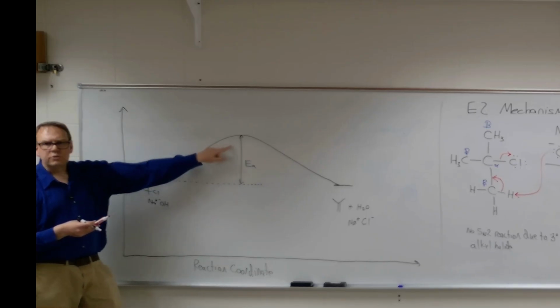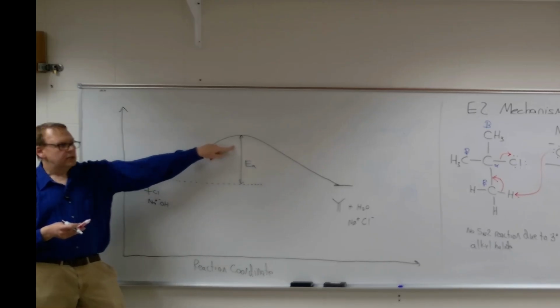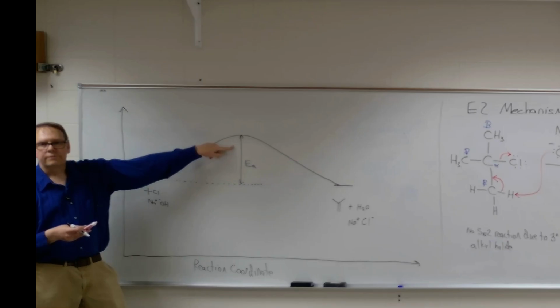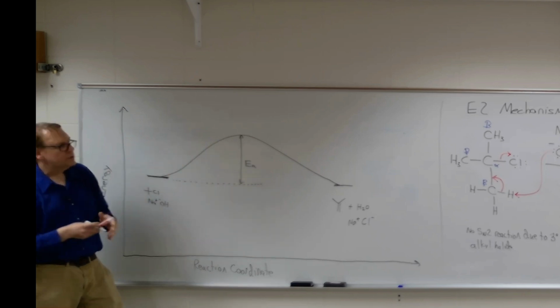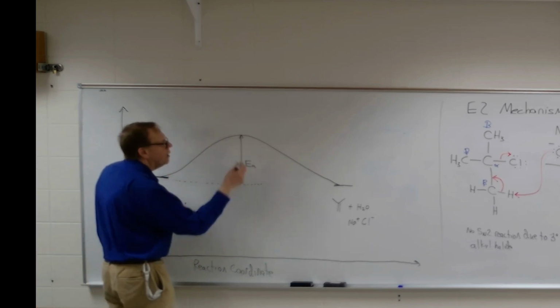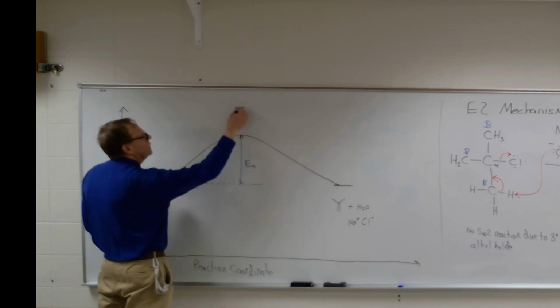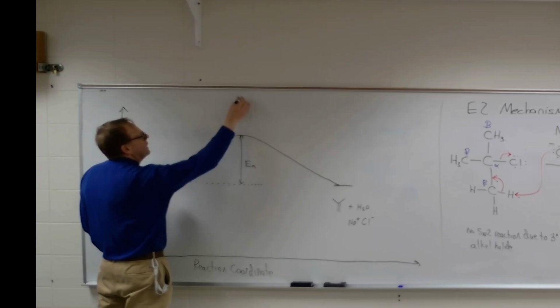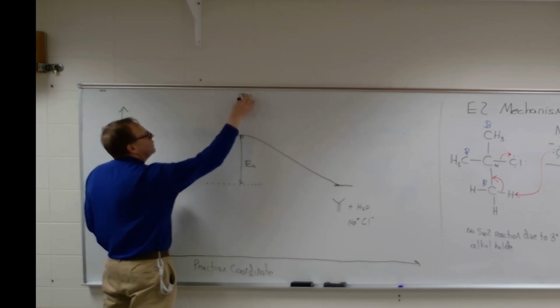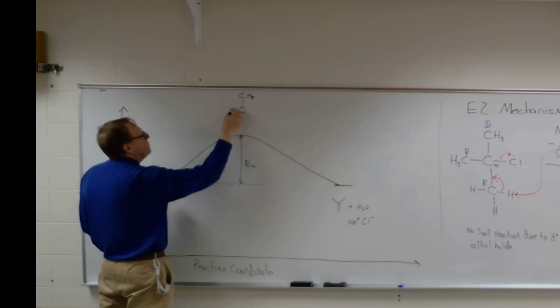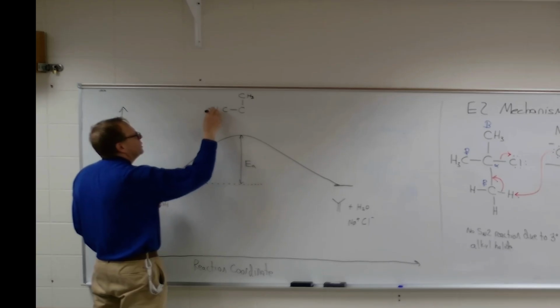But I do want to draw the structure of the transition state here because I think it's going to be important for understanding one of the things that is really critical about E2 rates. So I'm going to draw a picture of the transition state here. The transition state is going to have bonds partially formed and partially broken.